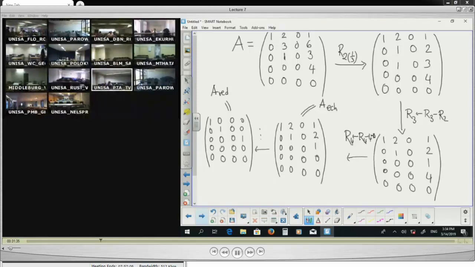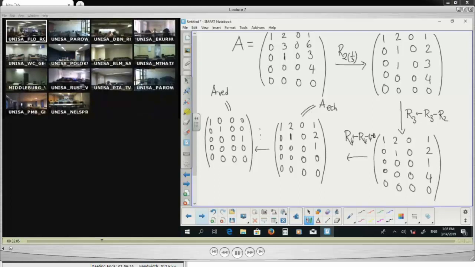Excuse me, sir. Can you please remind me again, for row reduced, what's the condition? To make it echelon, if this is the leading entry, everything below it must be 0. To make it row reduced, everything in this column other than this leading entry must be 0.